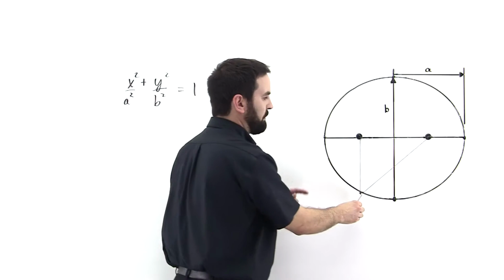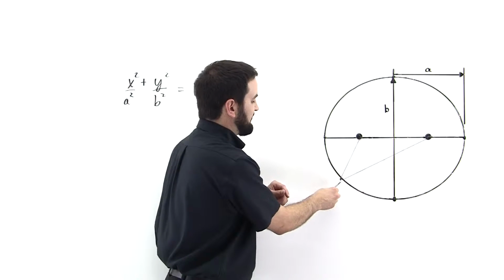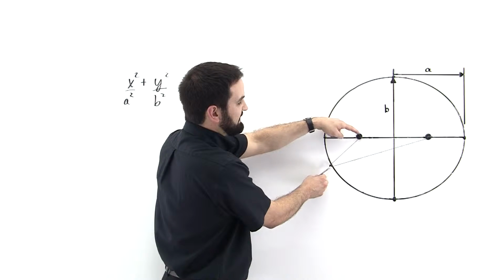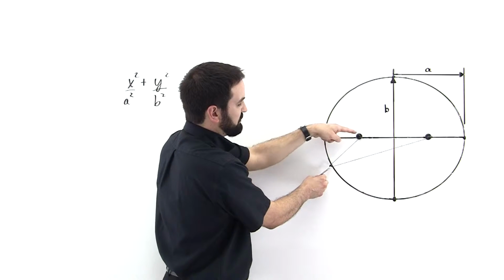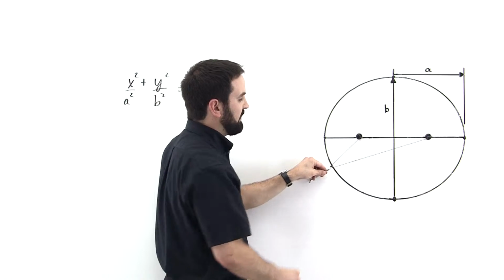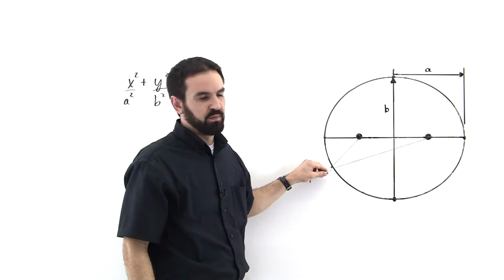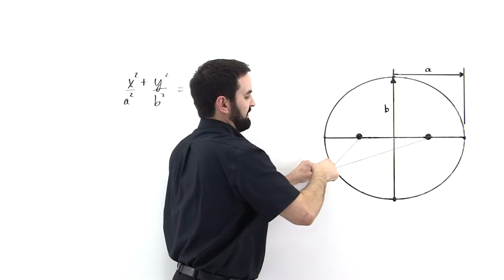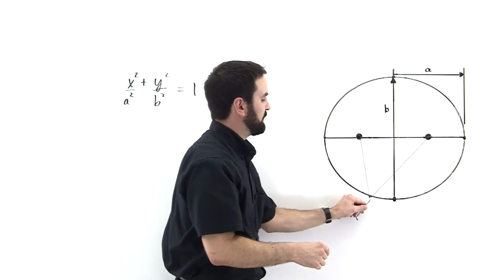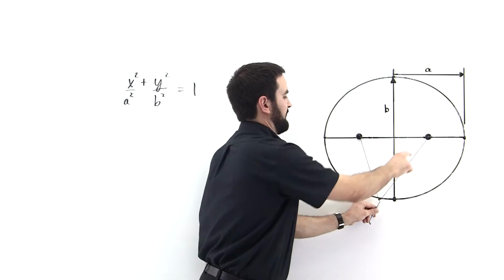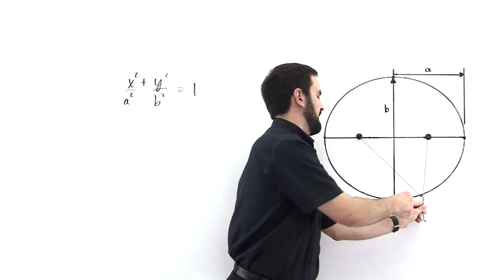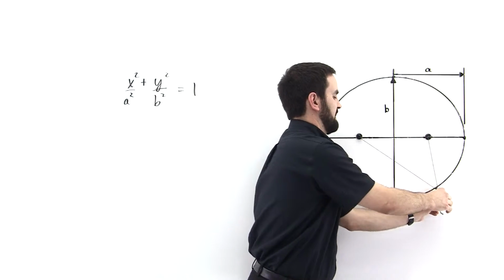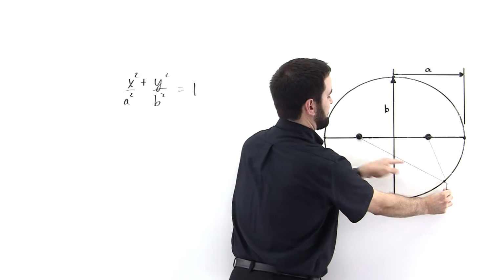So that is how an ellipse is defined mathematically. It says that the sum of the distances from each respective focus is always equal to a constant value. So this distance plus this distance is equal to this distance plus this distance, and those are equal to this distance plus this distance, and so on.